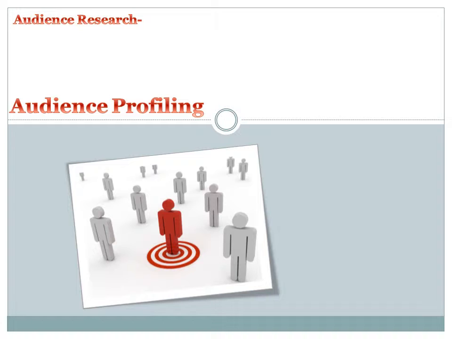Audience profiling. Audience profiling is research about the audience, information which defines your audience. This type of information is the audience's age, their interests, educational background, and sex. This helps you know what type of audience to aim at and is easier to target with the research you have.